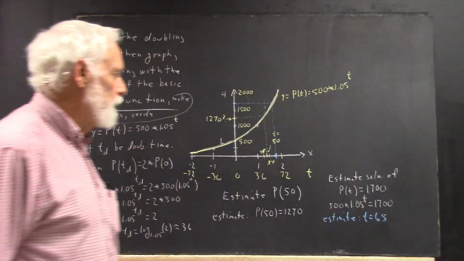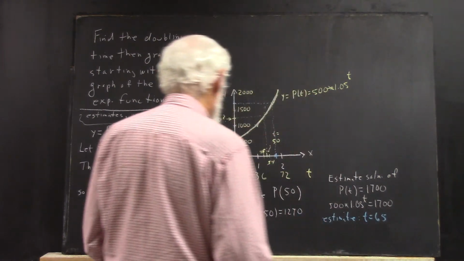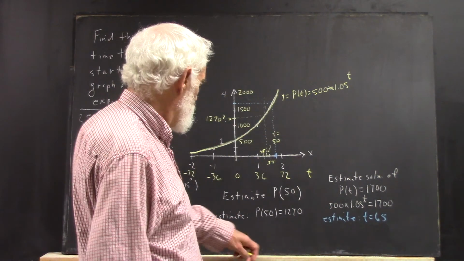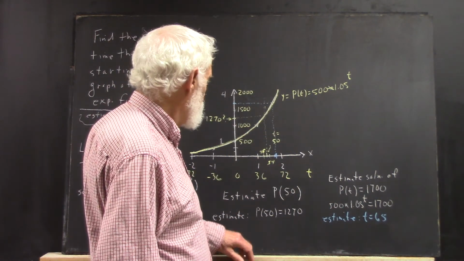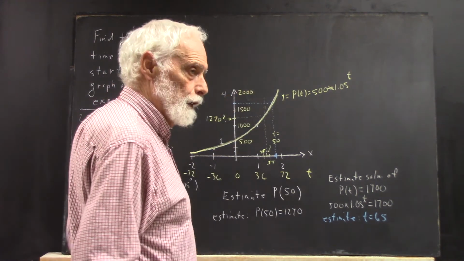So our estimate is t equals 65, and then you can check that with a calculator. Give you a little better picture and a visual representation of how this exponential function changes.